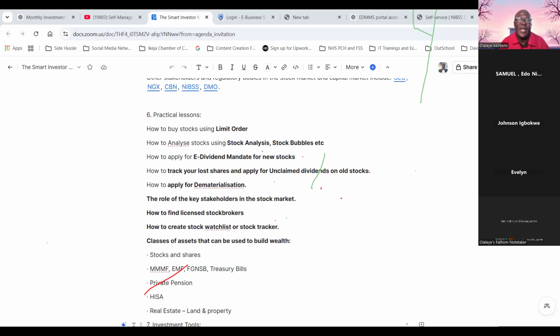Can anyone tell me how to find out? Let's say, for example, there is a company called Gerard Company, and they merged with another company, or they completely left the NGX. How do you find out information about that company? Can anyone tell me? You could make a Google search.